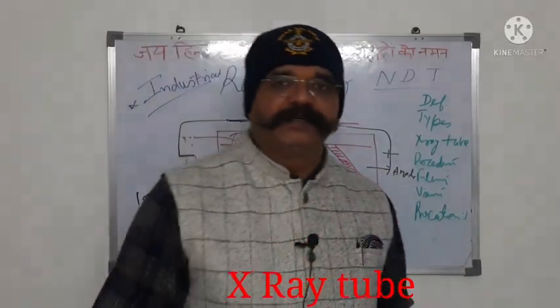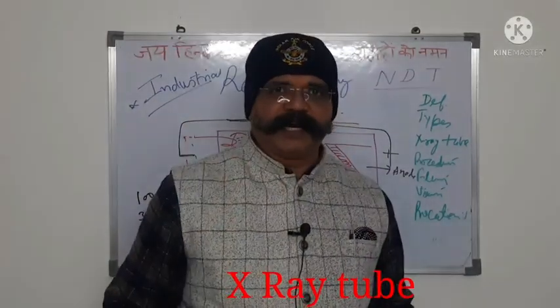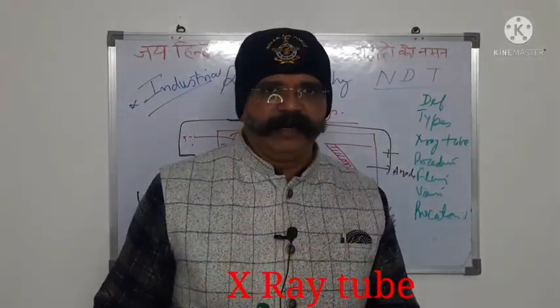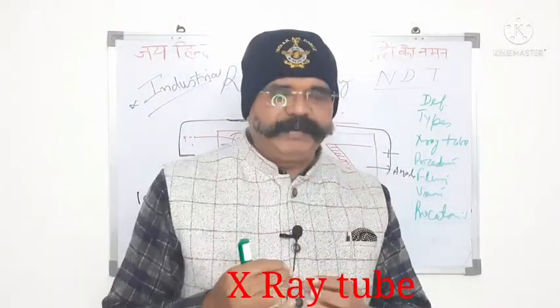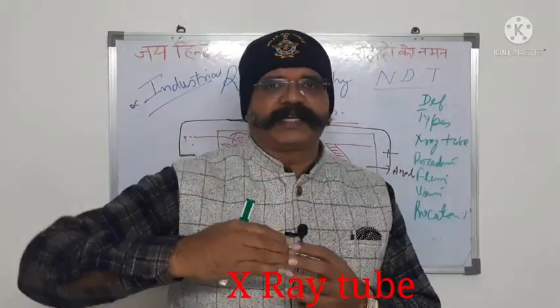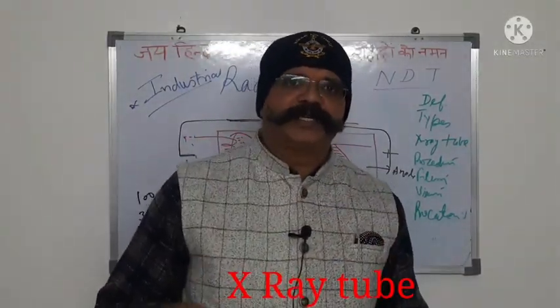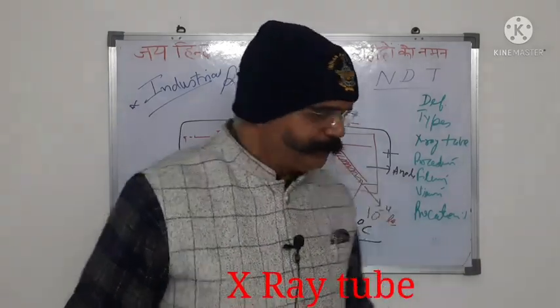The same thing happens in the photoelectric effect also. When sunlight impinges upon a metal, after receiving the energy, the outer shell electrons are released from that shell and the photoelectric effect takes place.